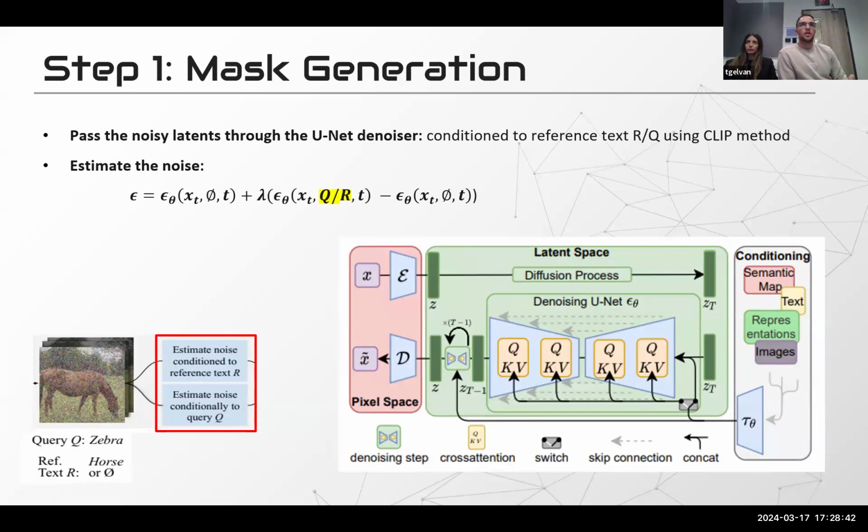By using the following equation, we actually can use the denoiser once without the conditioning and once with the conditioning. And we have the lambda to control how much guidance we give to the denoiser. So we will have the estimation of the noise.